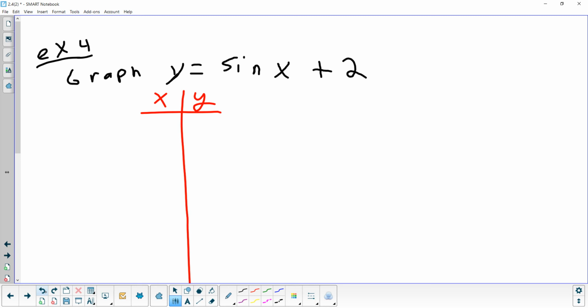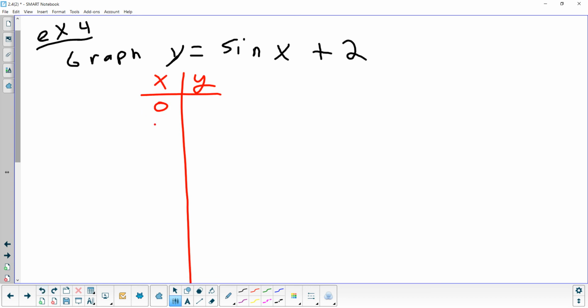So Don, what column here is unaffected by moving something up or down? X. So those are the x values we're going to use. And how about, Lacey, what are my y values for sine? 0, 1, 0, -1, 0.